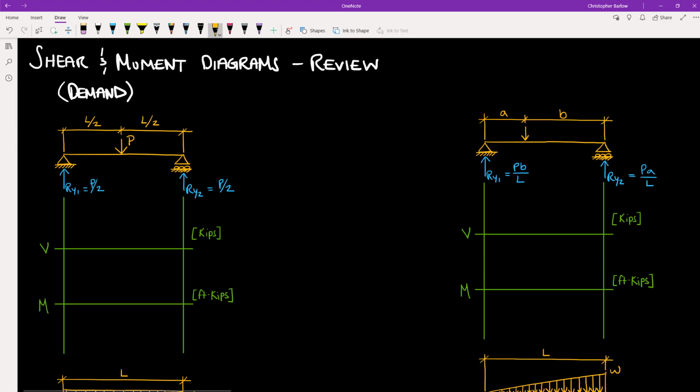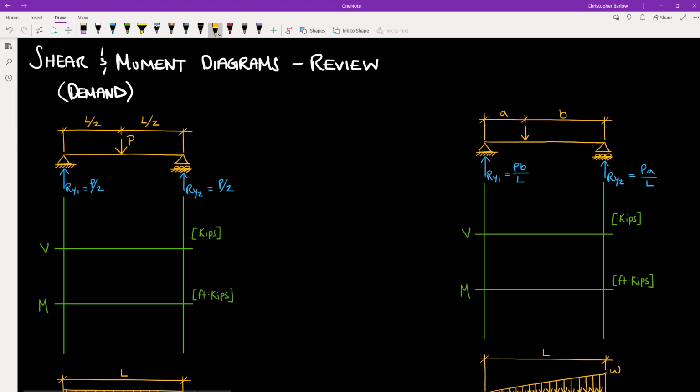So let's dive deeper into quantifying the internal forces acting in our beams we saw in the last video. Now that we have all our external forces defined, both the applied loads and the reactions, we can plot shear and moment diagrams. These diagrams are a way of visualizing the internal forces inside of our member along its length.